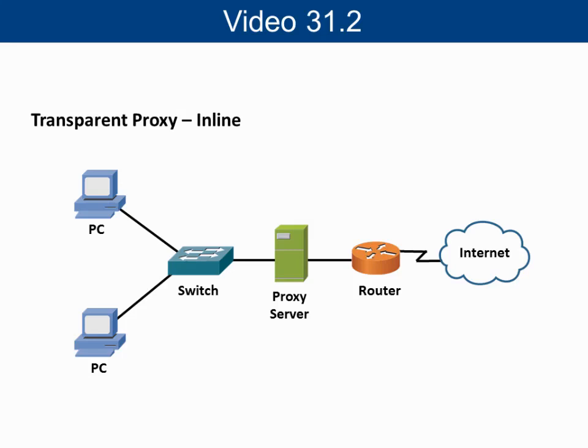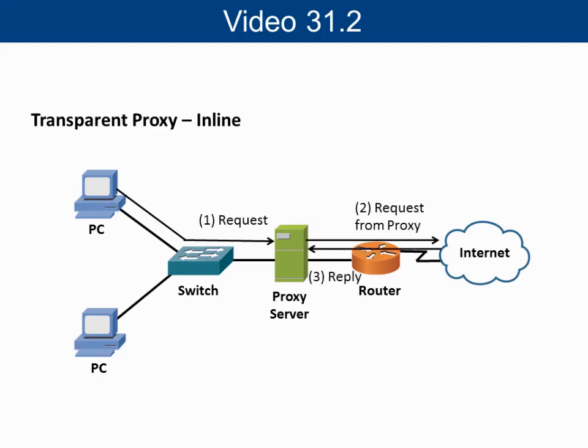This is a transparent proxy that is inline. We can see that the PC makes a web request, it hits the proxy server, goes to the internet, returns through the proxy server and back to the PC. This type of proxy is not controlled by the web browser.